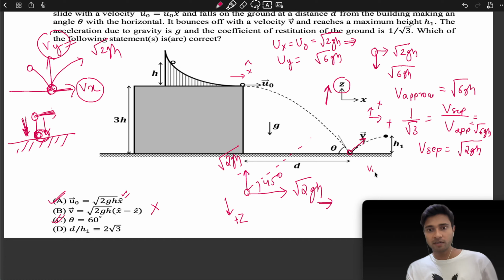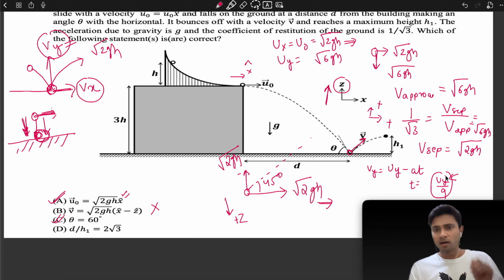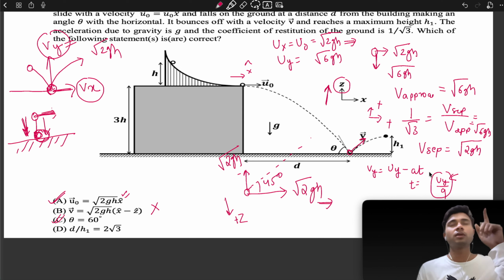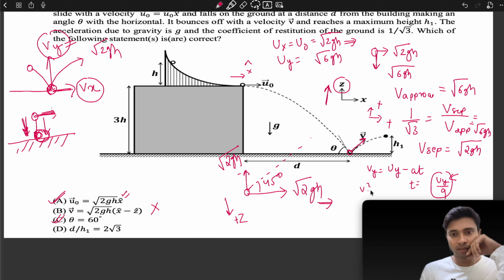If I write Vy equal to Uy minus at, at maximum height the vertical velocity is 0. Or we can simply apply the normal formula.